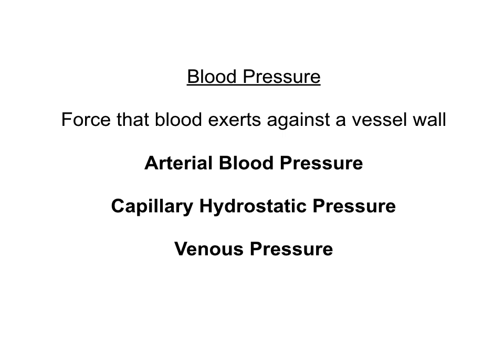Capillary hydrostatic pressure, which is abbreviated CHP, is the pressure of blood on the walls of your capillaries. Now, capillary hydrostatic pressure begins at 30 millimeters of mercury at the arterial end of the capillary, gradually declines, and at the venous end of the capillary has dropped to approximately 10 millimeters of mercury.